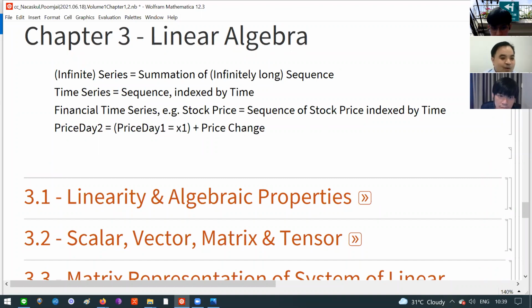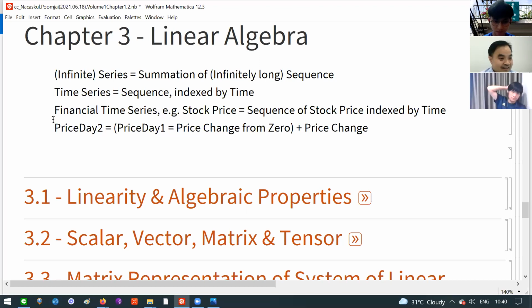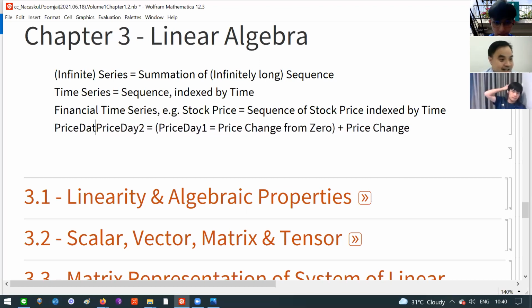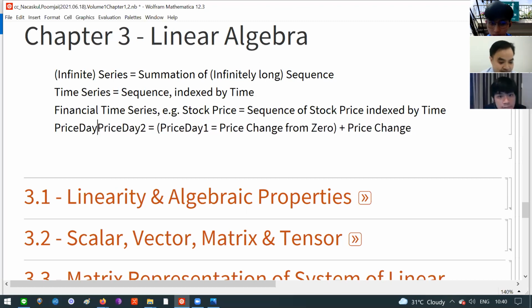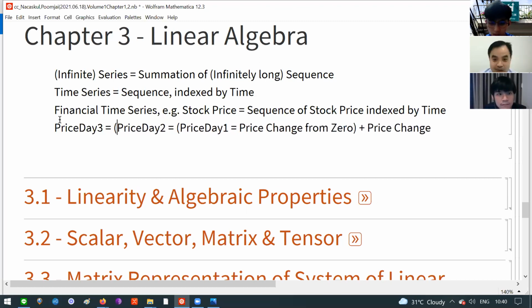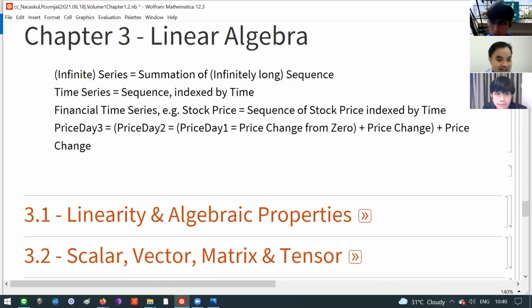If you think of the price of day 1 as the first price change, even though it's not a price change, it's actually the initial price, if you allow it to be considered a price change from 0, and you add, price of day 2 is this, then the price of day 3 is equal to the price of day 2 plus the price change on that day.